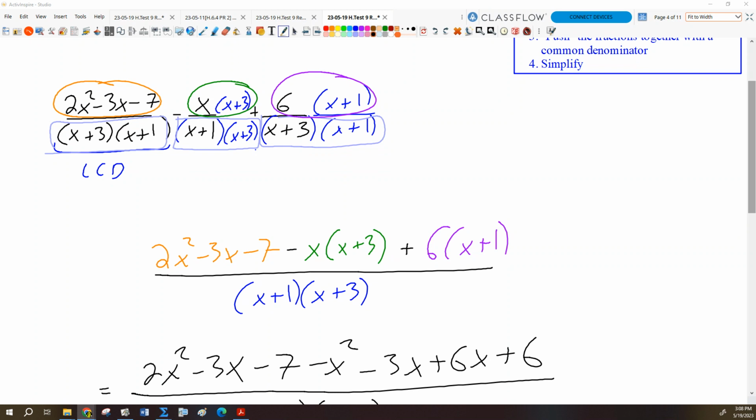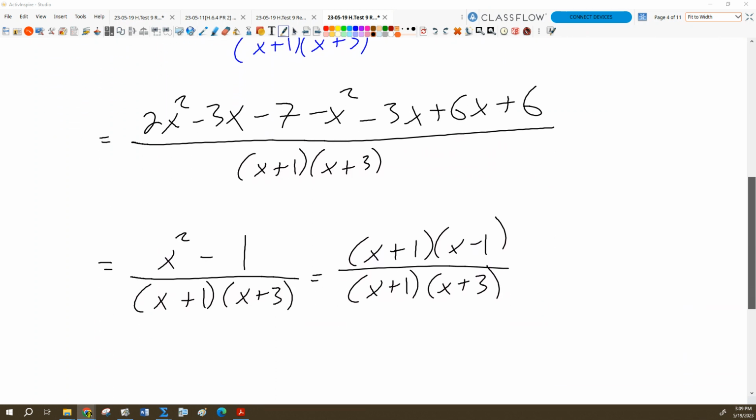Right. But see how we got that? We push these together, we just get first numerator minus second numerator plus third numerator over my common denominator. Okay.